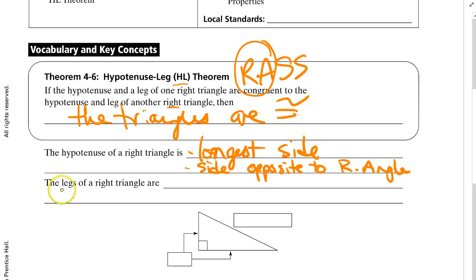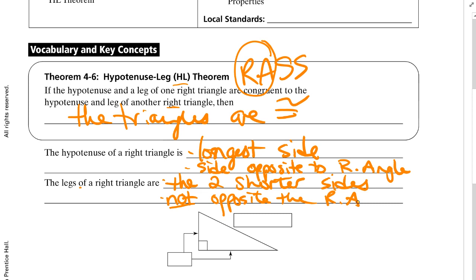Also, the legs of the right triangle are the two shorter sides, or you can say that the legs are not opposite the right angle.